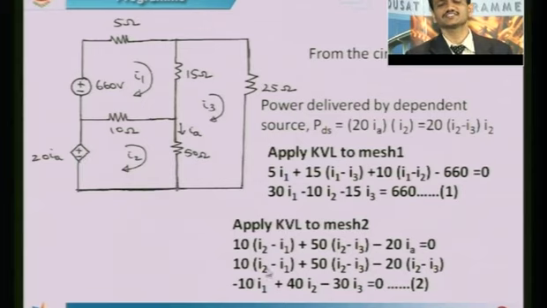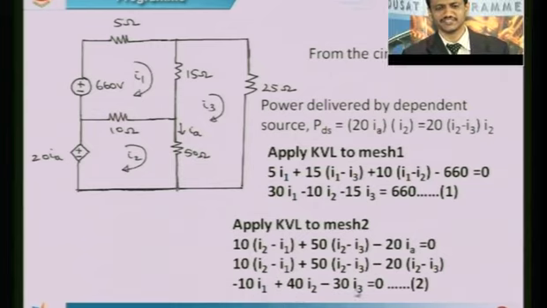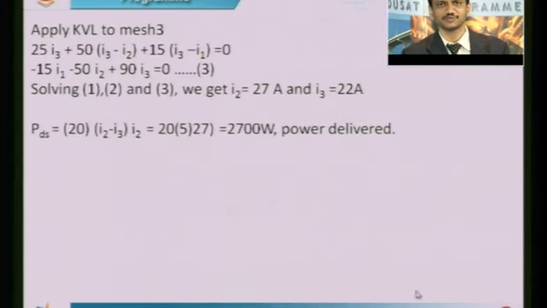In the next step, plus 10 into I2 minus I1 plus 50 into I2 minus I3 minus 20 IA, which will be substituted by this value I2 minus I3. When we rearrange this equation, we get minus 10 I1 plus 40 I2 minus 30 I3 is equal to 0, which will be called equation 2.